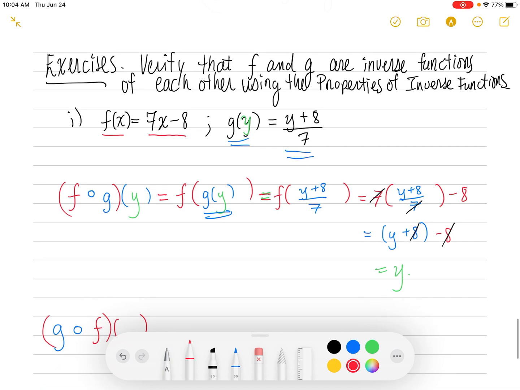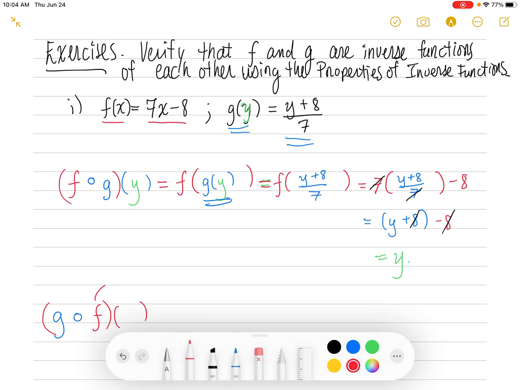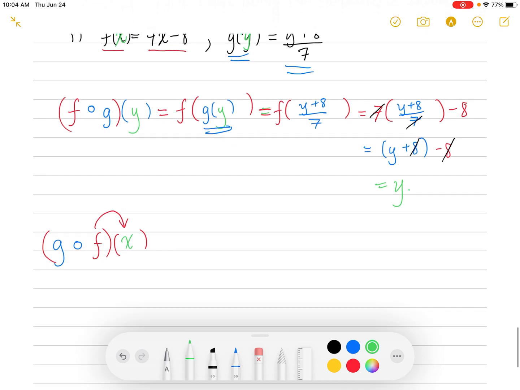Now we have to compose them in the other direction. We have to do g composed with f. Now what does f go with? Look back up here, f goes with x. So I'm going to plug in an x right there.